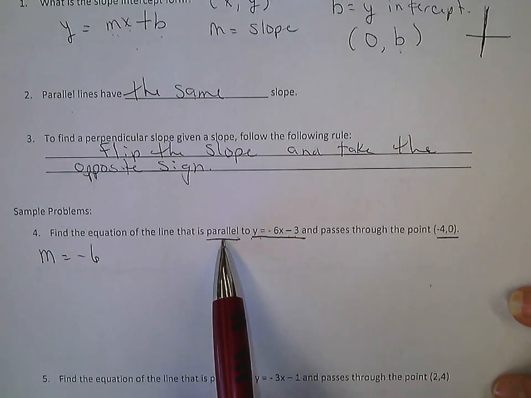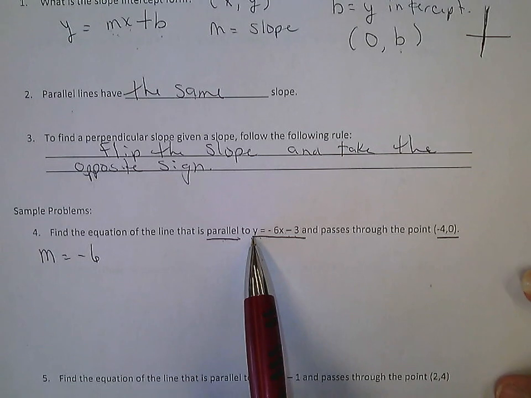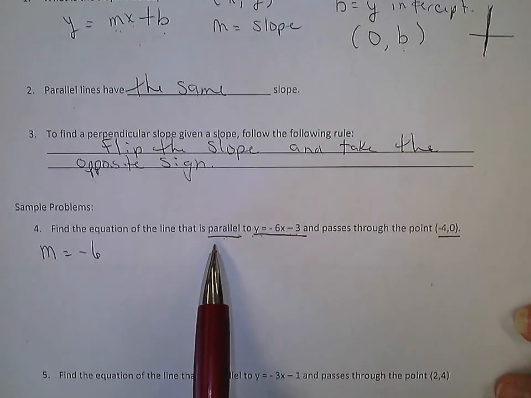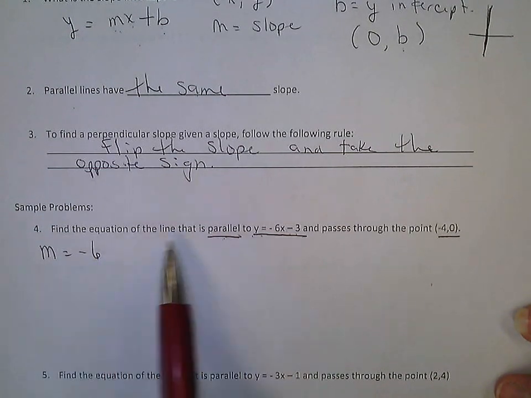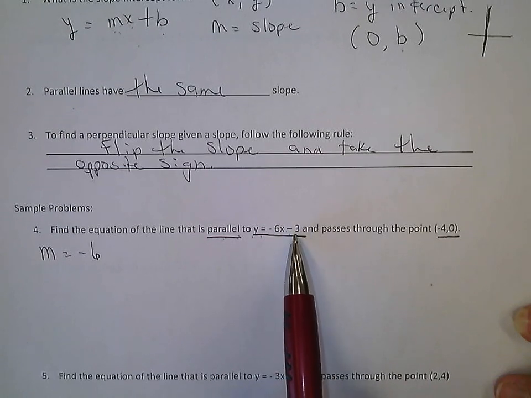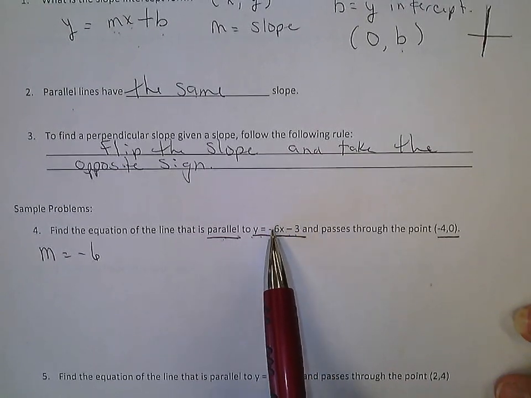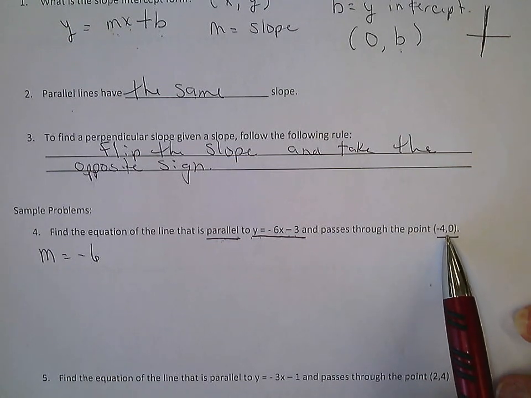Because we're looking for a new equation, in order for it to be parallel, the slope has to be the same. So we're going to use that slope here. But as far as this negative 3, that's specific only to this line.